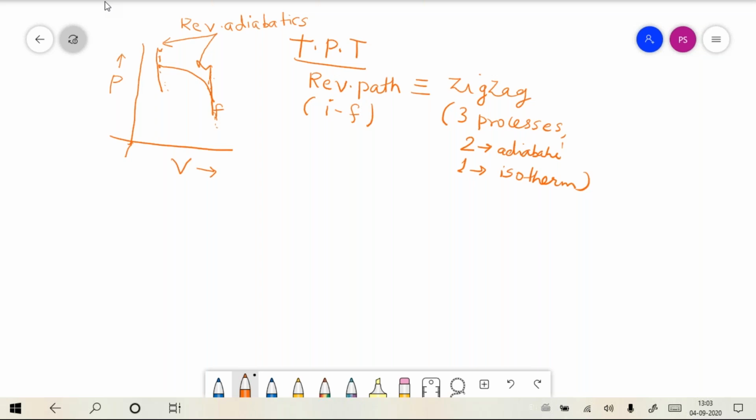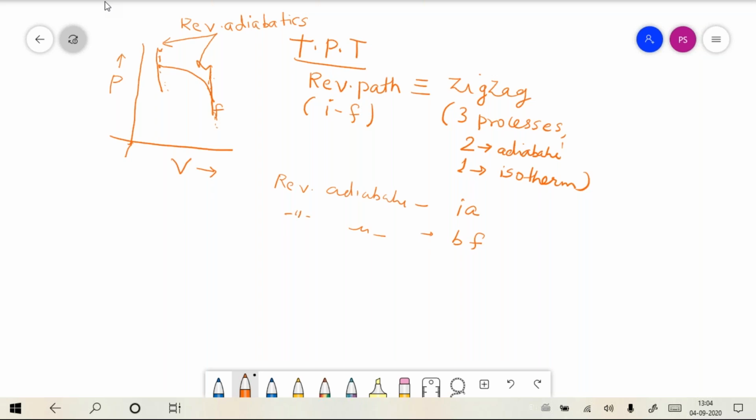Let me call these reversible adiabatic IA, and another reversible adiabatic BF.